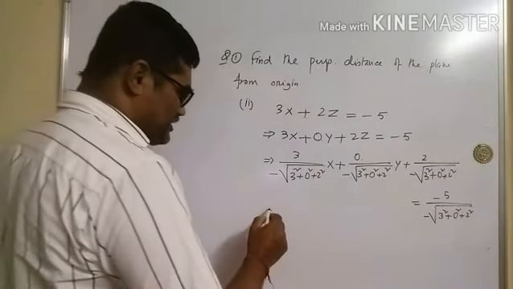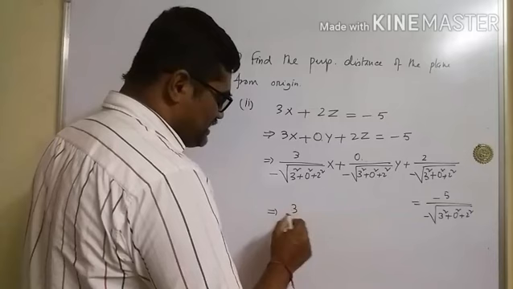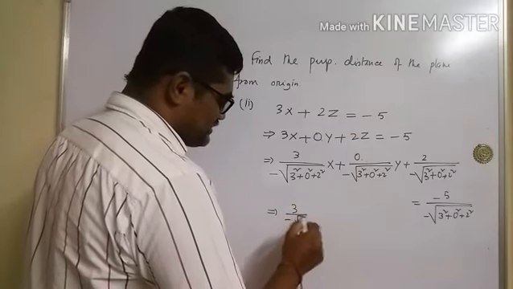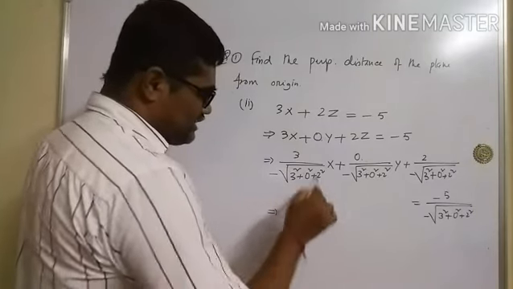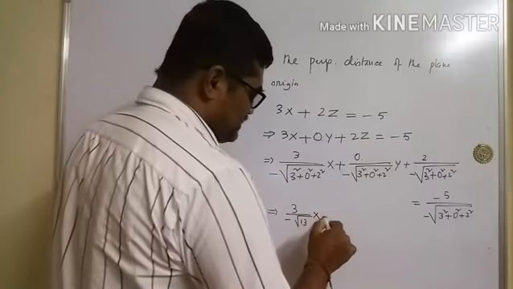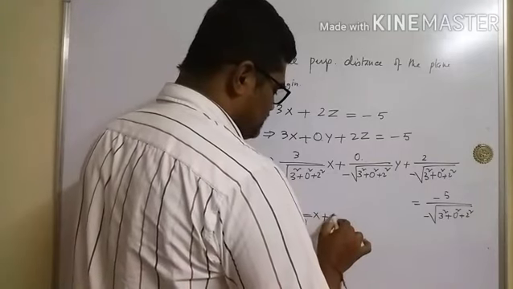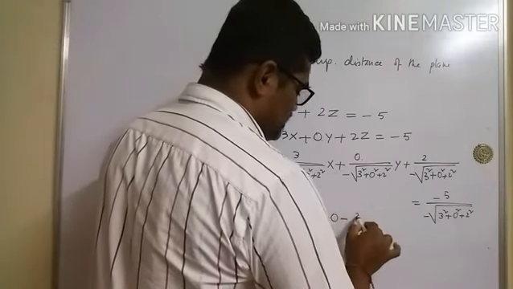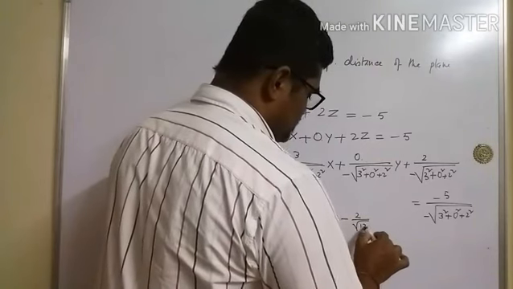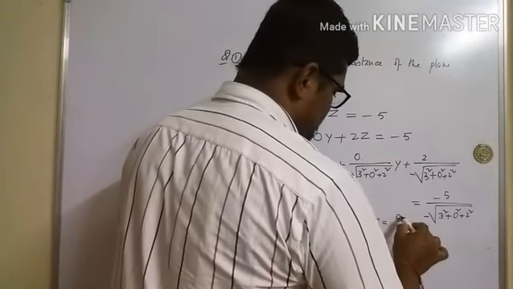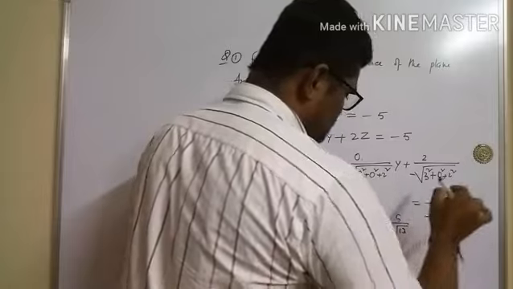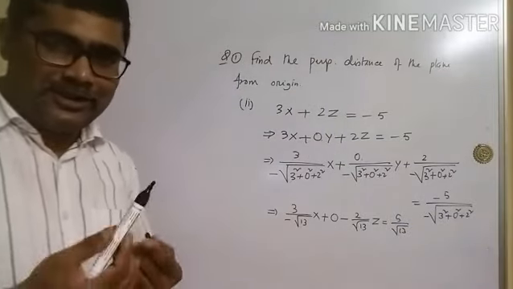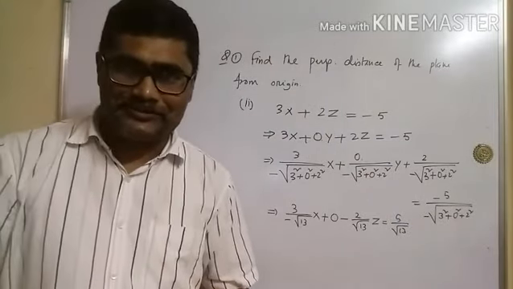So in that case, what will I get? Here this is 9, 9 plus 4, 13. Then here it will be 0. Then here it is 2 by root over 13 z, and this is 5 by root over 13. So now the logic you already know is very similar to the previous one.